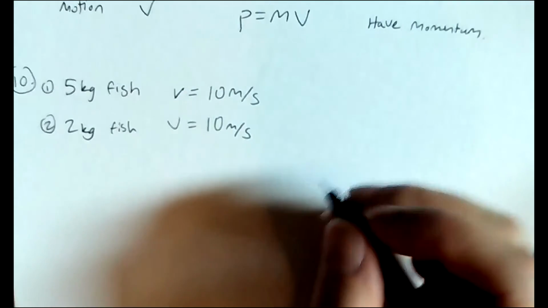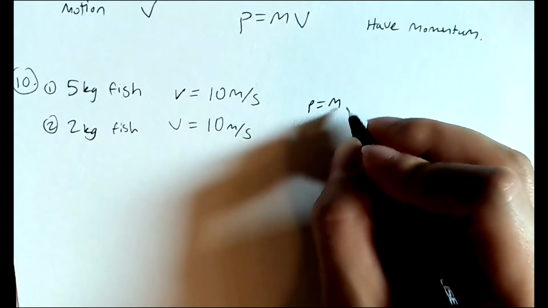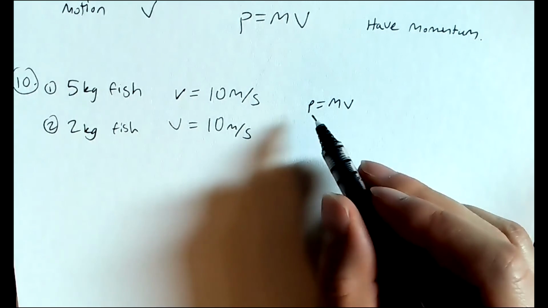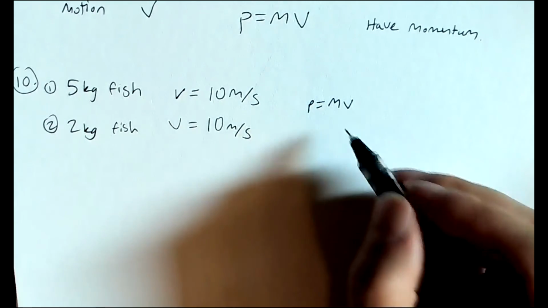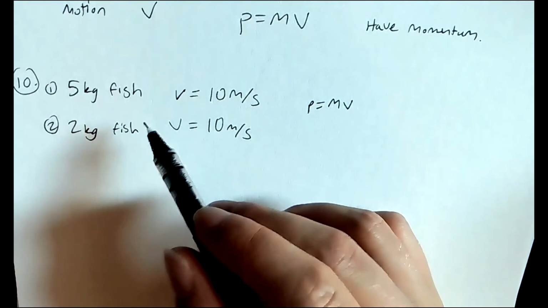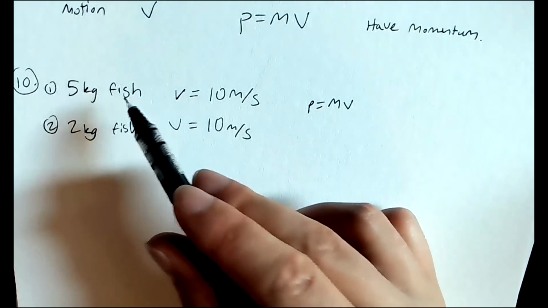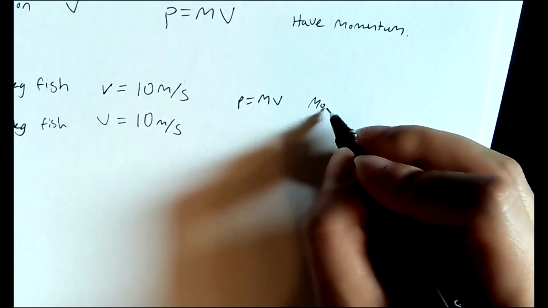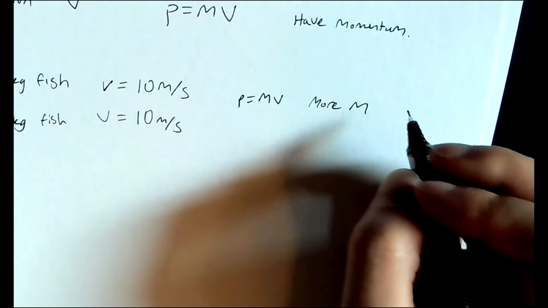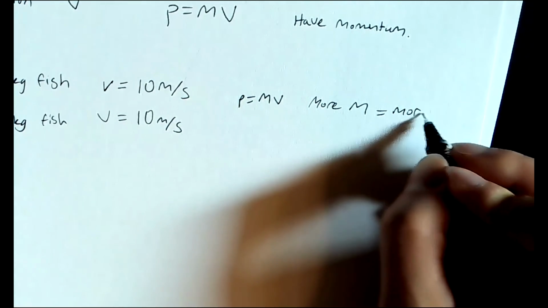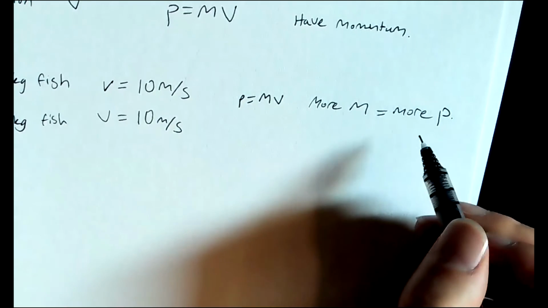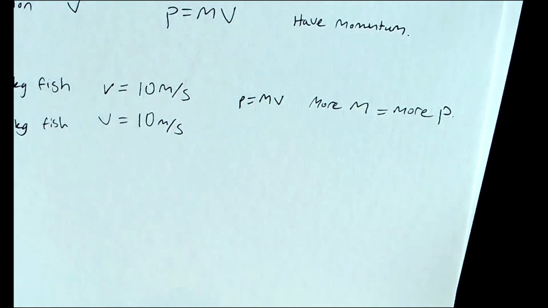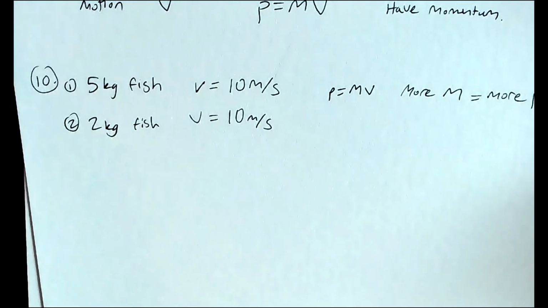So much like the questions before, mass times velocity gets you momentum. So if this fish has more mass, more m, more momentum. The one with more mass has more momentum.